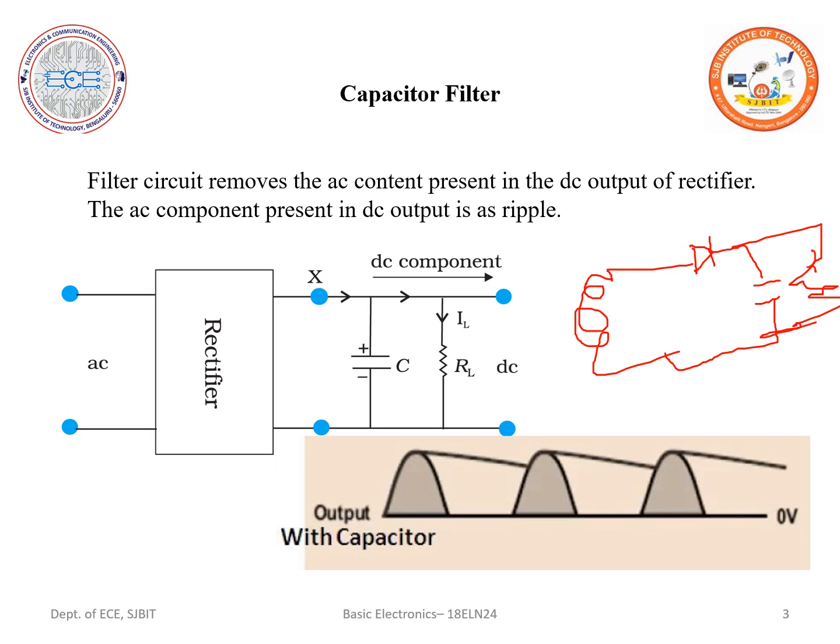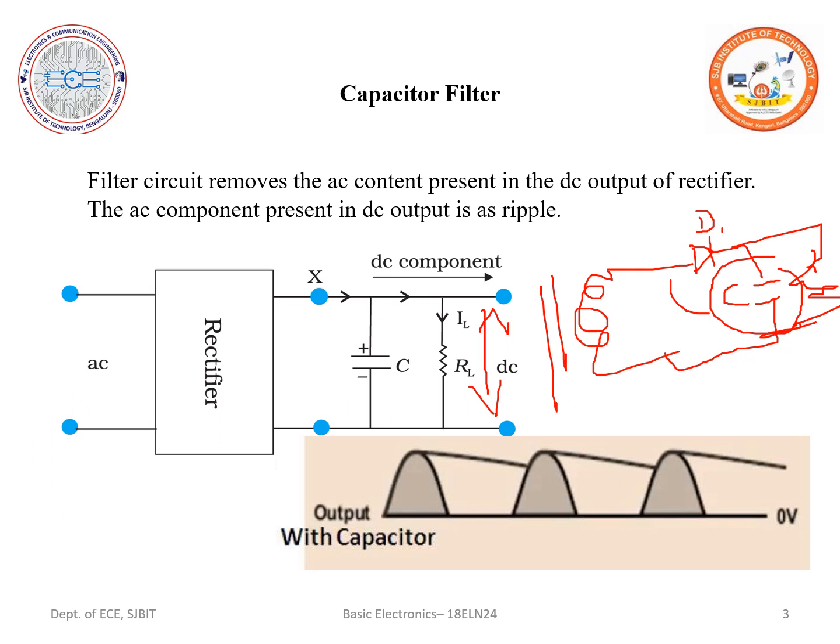So this is my RL and this becomes my C. This tells that once the diode converts the AC into DC, the capacitor is going to act as a filter and remove the AC component that is present in the DC output of the rectifier, giving a pure DC which is tapped across the output load resistor RL, as shown here.